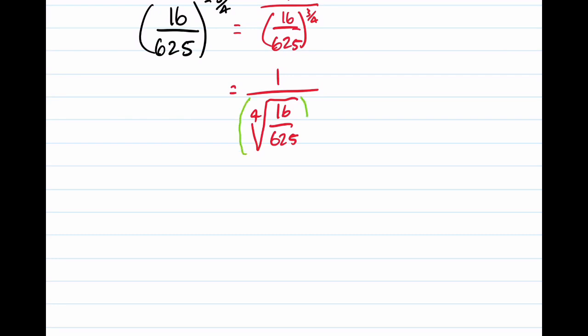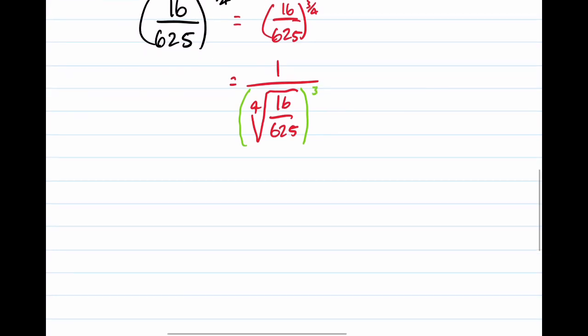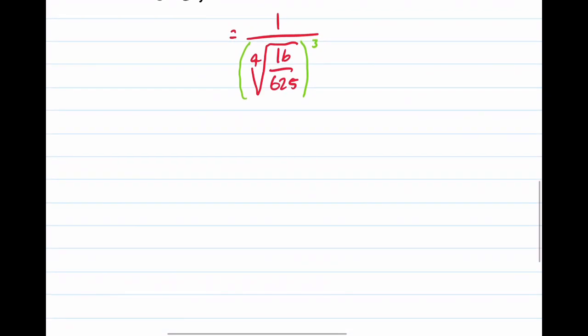We're going to raise all of that to the power of 3. So the fourth root of 16 is 2. So we're going to say 1 over 2 over the fourth root of 625, which is 5. But we still got to cube all of that.